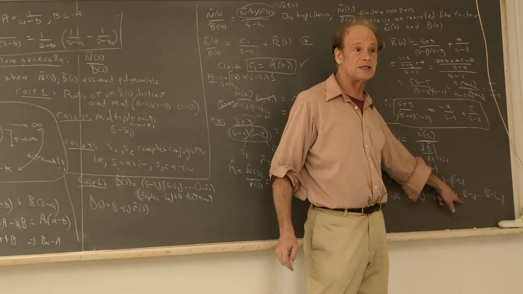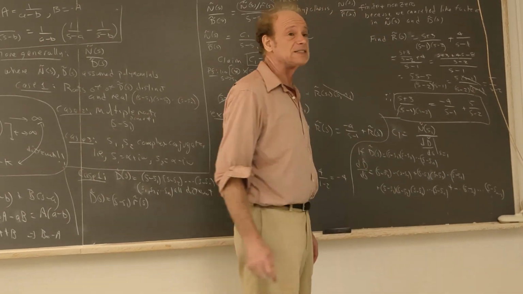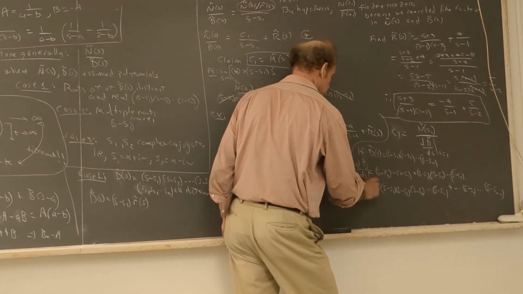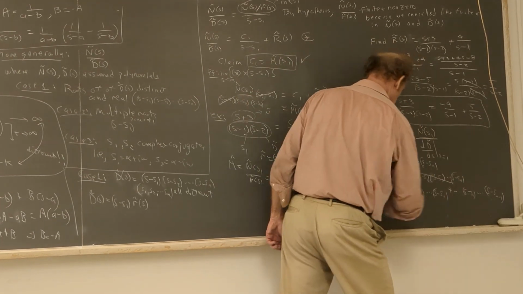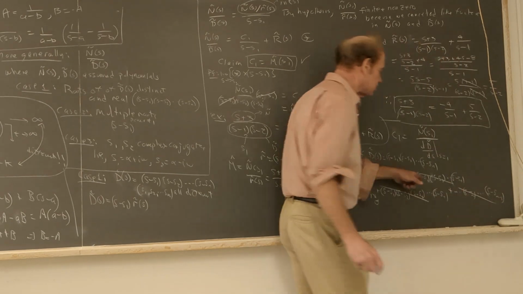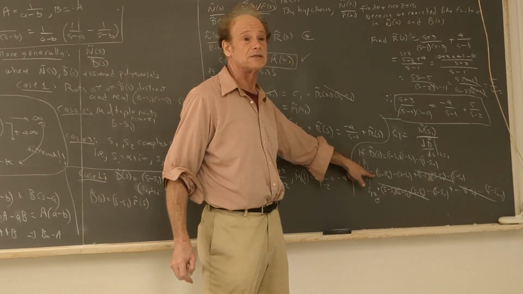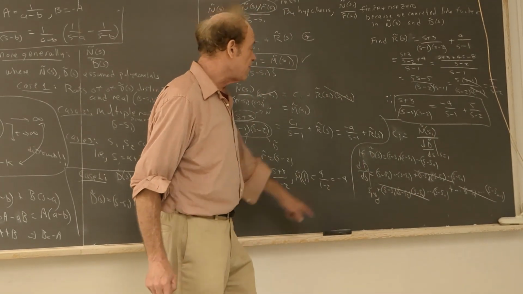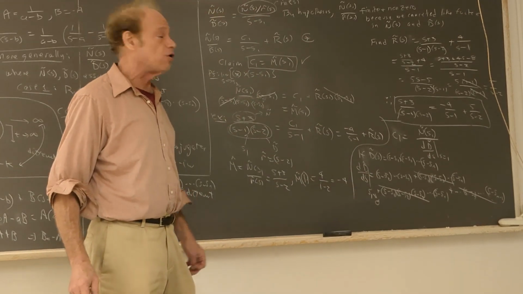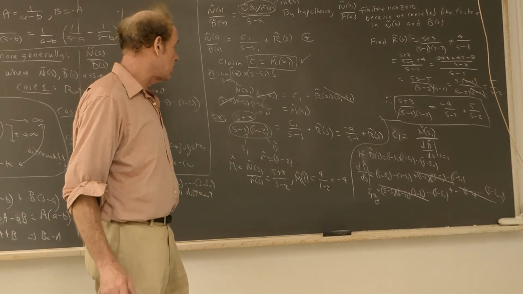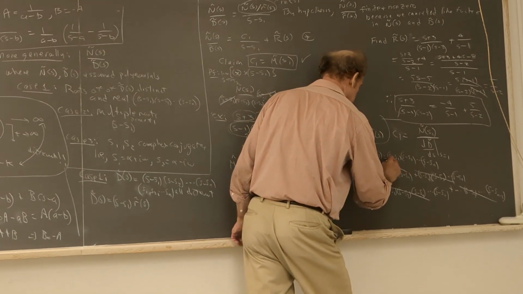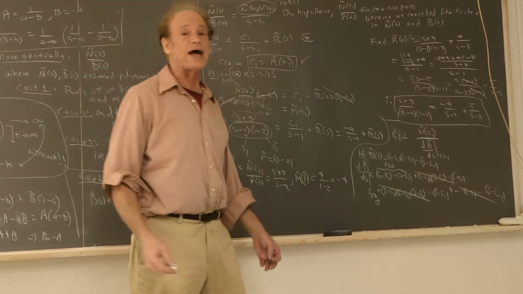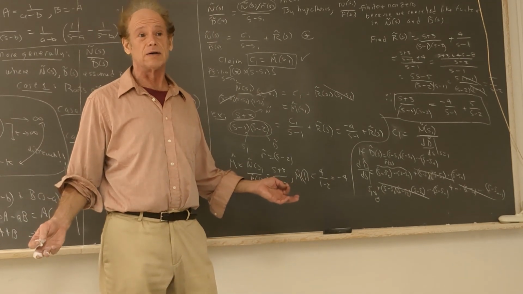So when I take the limit as s goes to s1, all these other factors are 0 because they all have an s minus s1, and this one doesn't. And this guy is exactly what we called r tilde of s. It's all the factors except for s minus s1.